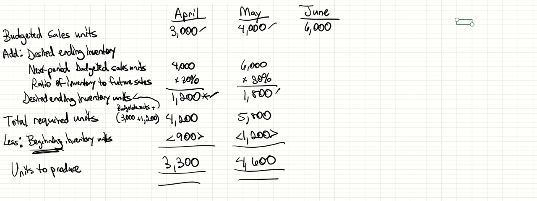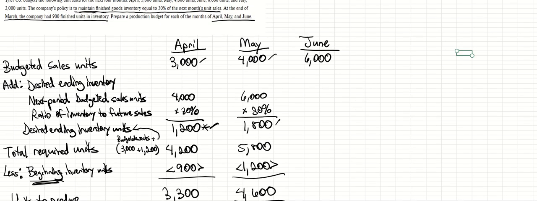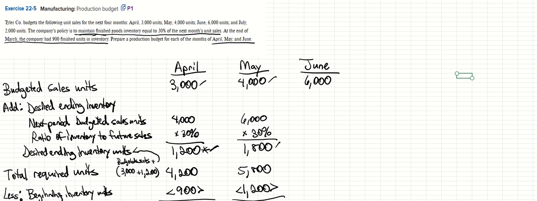Now we go to June, and it's going to be a rinse and repeat. So we started off with the budgeted sales in units for June of 6,000. And now we're going to add our desired ending inventory, which is going to be the next period budgeted sales in units. So the next period, after June, is going to be July. And they provide us with the number of units, which is 2,000 units here in the scenario.